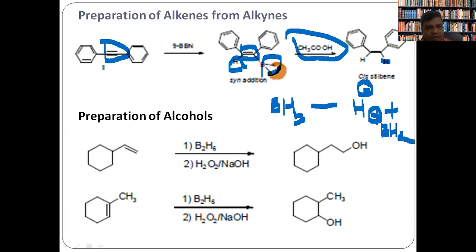If you look at the reactant and compare it with the product, nothing else has happened except the addition of two hydrogens across the carbon-carbon pi bond, and the alkyne is converted to alkene. And what is the beauty of this reaction? The stereochemistry: we get the cis alkene. It means both hydrogens are added from the same side.